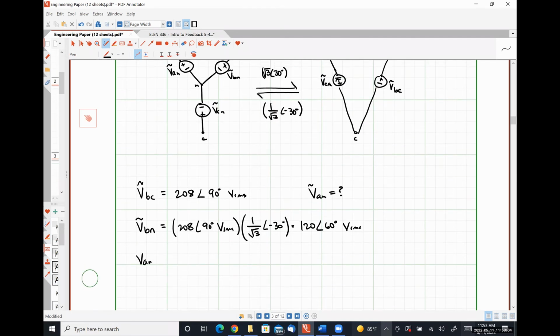And then we know that VAN leads VBN by 120 degrees. So that would be 120 angle 60 degrees volts RMS times 1 angle positive 120 degrees, or 120 angle 180 degrees.